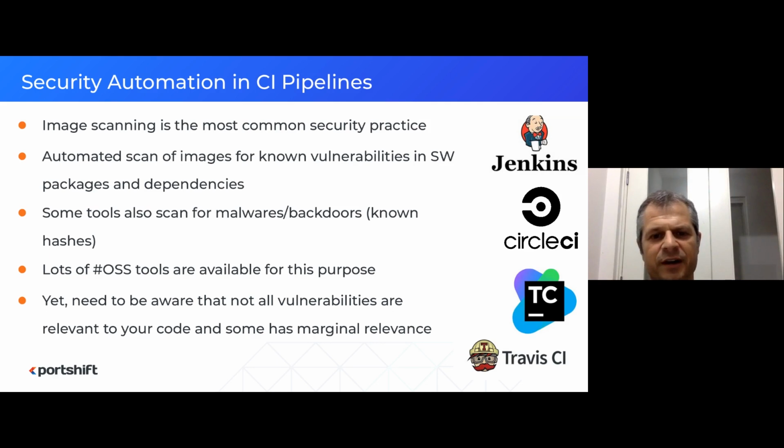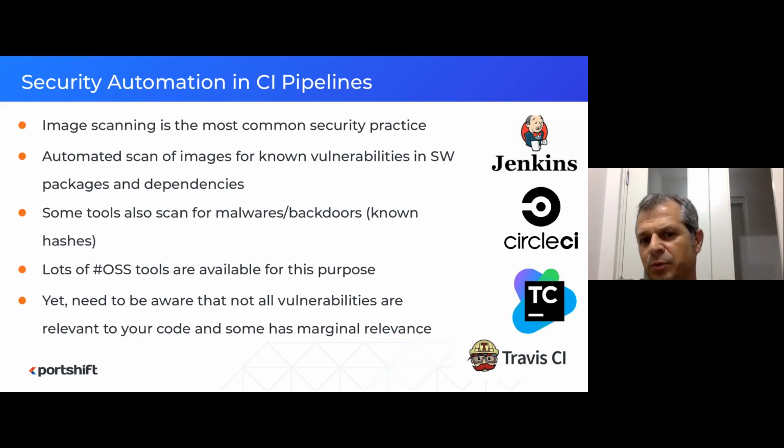We can verify if there's any known vulnerabilities in the software packages or dependencies of our image. There are some tools that also scan for malwares or backdoors, looking for hashes which are created. There's a lot of open source tools that are built for this purpose, and it's very easy to add this step in our pipeline.